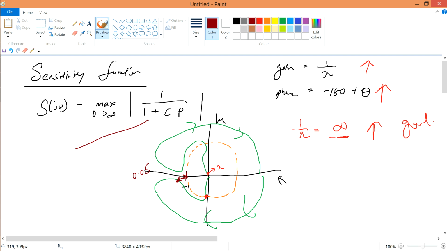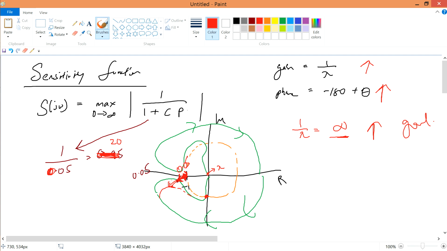So for example, for this distance over here, 1 plus CP is 0.05, and 1 divided by 0.05 is a very big number, indeed.